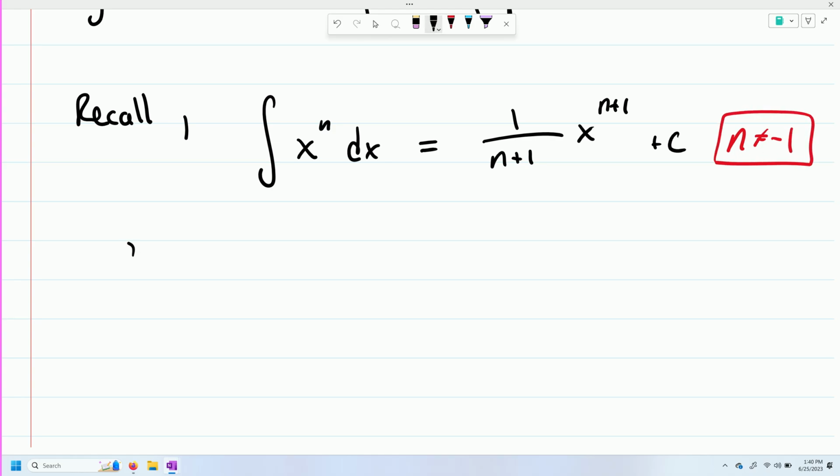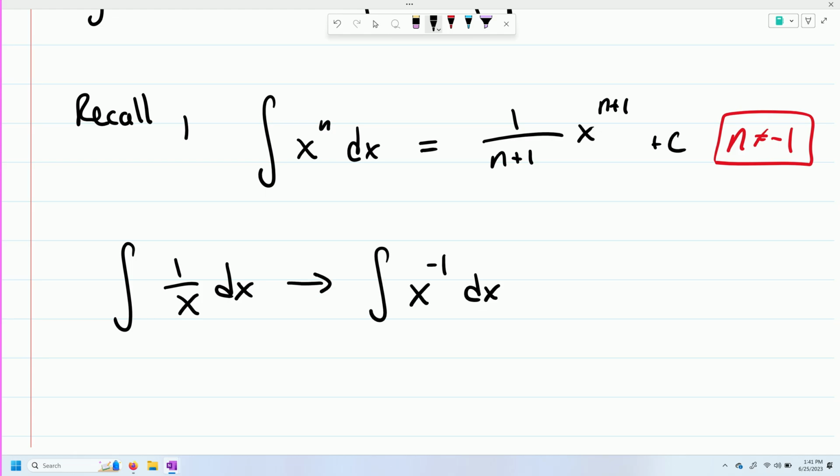So the big question becomes, how do you integrate this? Because if you rewrite this using the negative exponent rule, we get x to the -1, which completely violates this definition here.